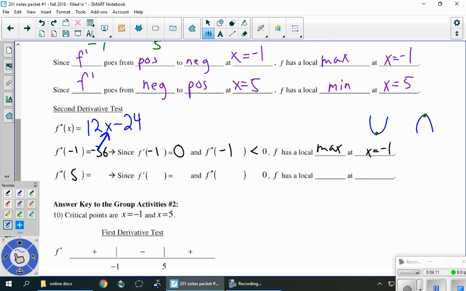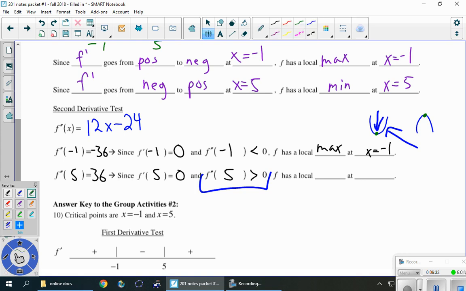Again, that's 5 in here. So 12 times 5 is 60, minus 24 is 36. Since f prime of 5 is 0 and f double prime of 5 was positive, bigger than 0, positive second derivative tells me concave up, which tells me this graph, which tells me minimum. Green point is a minimum. F has a local min at x equals 5.